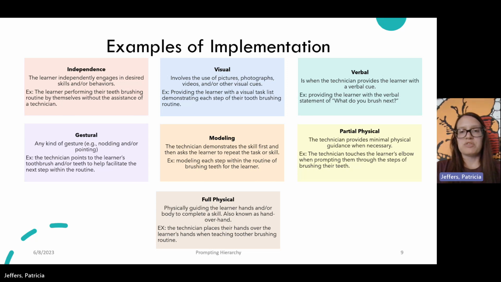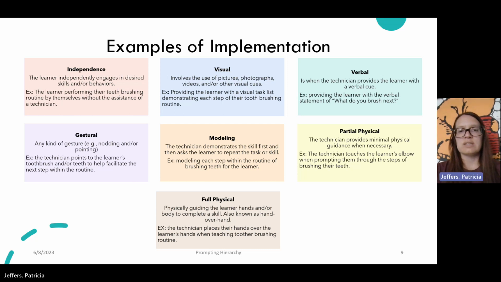An example would be providing the learner with the verbal statement of what do you brush next in the sequence of their toothbrushing routine. Gestural prompting is any kind of gesture. An example would look like the technician pointing to the learner's toothbrush and/or their teeth to help facilitate the next steps within the routine.